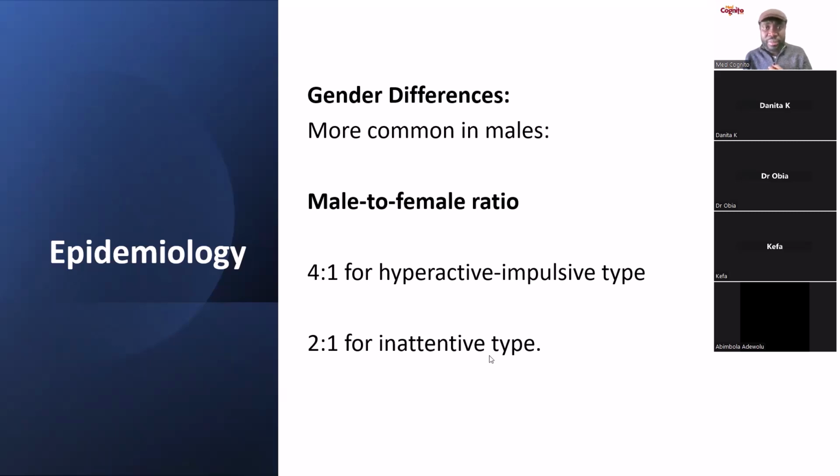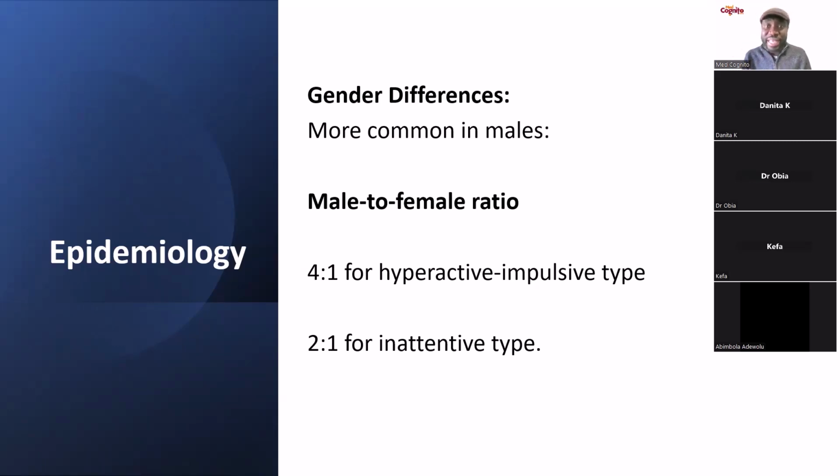Inattention. Daydreaming. Good. What else? Forgetfulness. Inability to complete tasks. Okay, I'm very glad that we are taking our time to break it down. So there's the hyperactive impulsive type and the inattentive type.